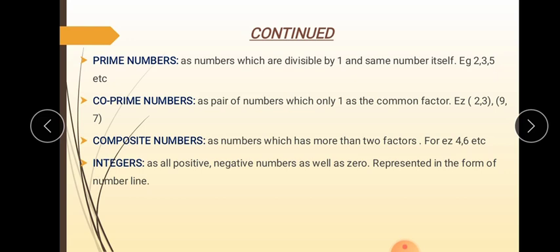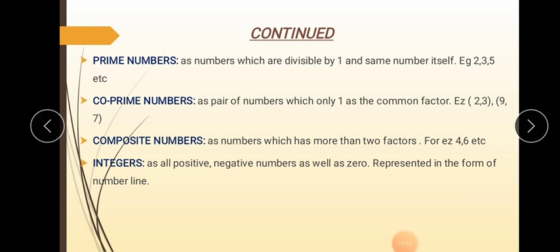A number line is a line in which 0 has the central position in the middle. The left hand side of 0 are the negative numbers, and the right hand side of 0 are the positive numbers. So all positive, negative as well as 0 are integers.